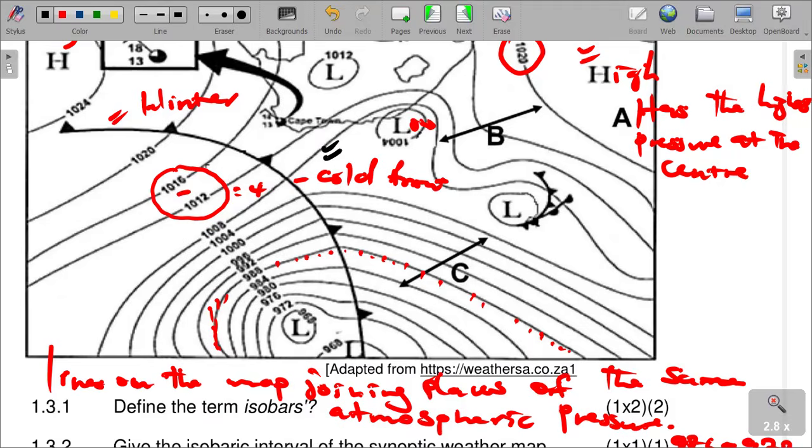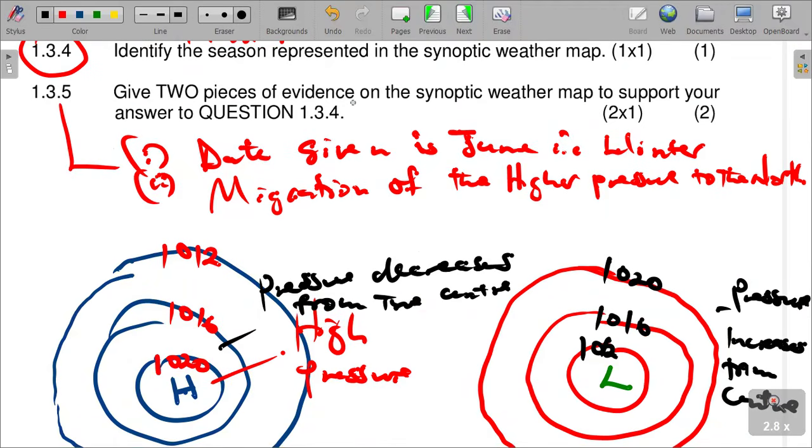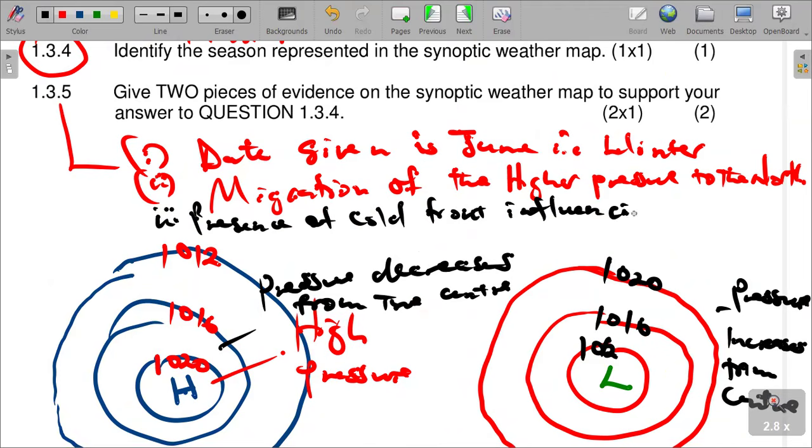The presence of the cold front influencing the weather in Cape Town indicates that it is winter.